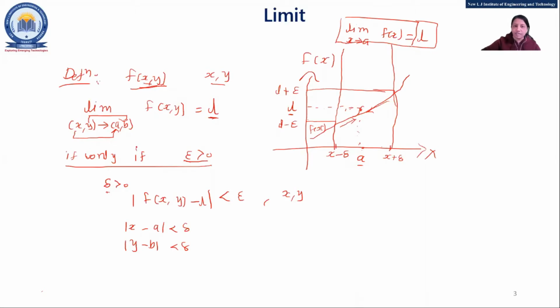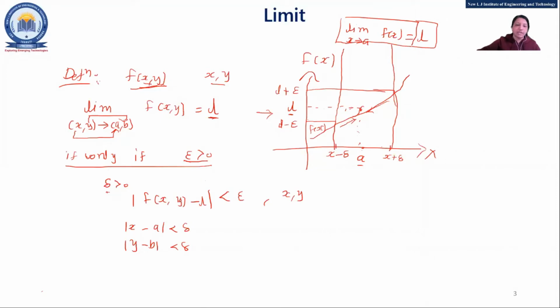Fine. Is it clear? What is a limit? A limit for two variables, how it is shown in the graph. Right now you need to remember this definition also. You can draw this graph in your notebook, so it will be easy for you to understand the definition.